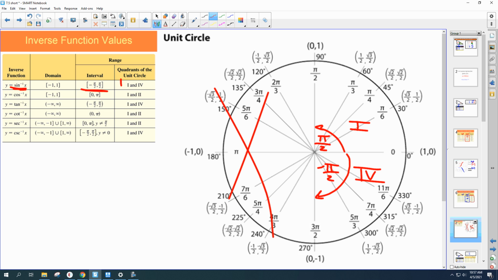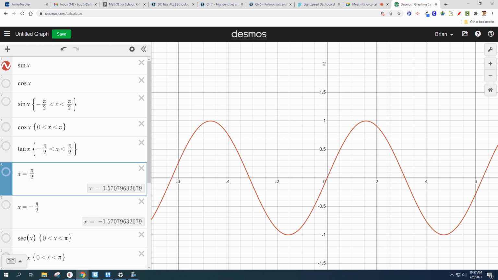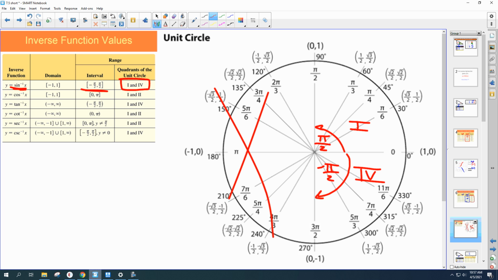And the reason why has to do with that graph that we restricted. If we're only looking at the sine curve, that restricted version from negative pi over 2 to positive pi over 2, then it only exists in quadrants 1 and 4. Kind of weird. You don't really have to know that by heart, but that's what's happening.